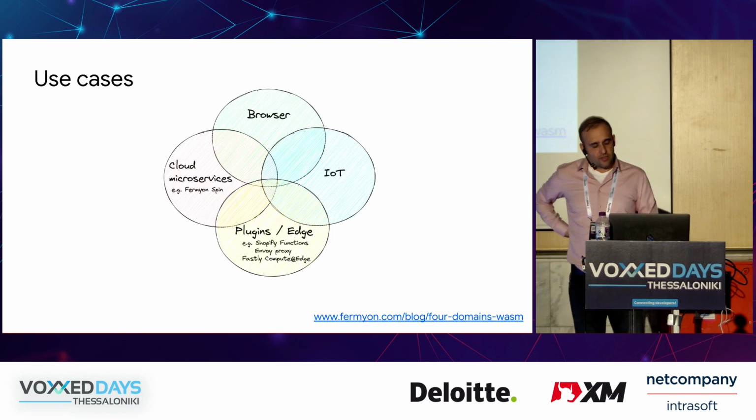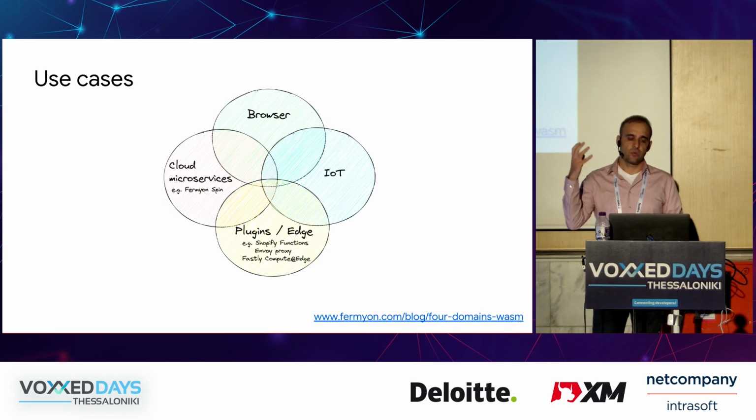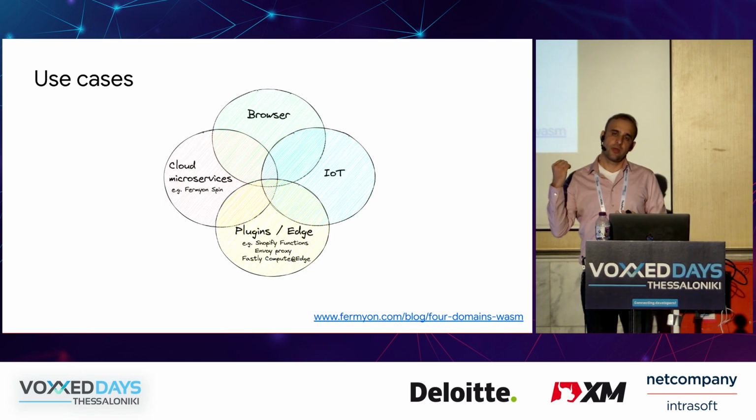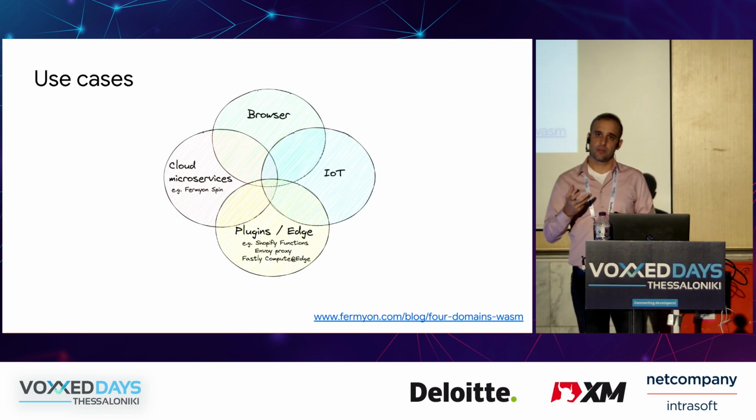All right, so before we get into details, one last thing I want to talk about is the use cases. When you're dealing with WebAssembly, what kind of use cases should you be thinking about? As I mentioned, the browser use case has been around for a long time. WebAssembly has been in the browser for a while. So if you need to run native, high performance code, 3D graphics, games, then you should look into WebAssembly and see if you can do that within the browser.